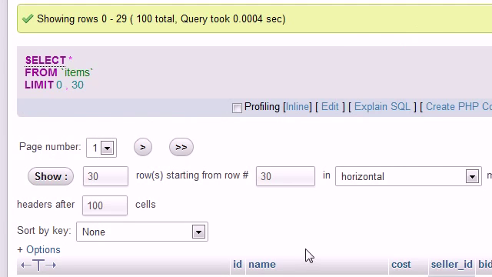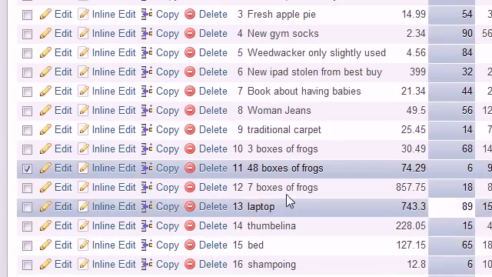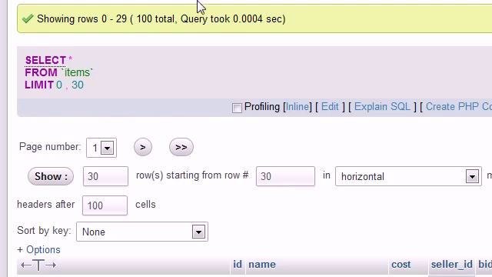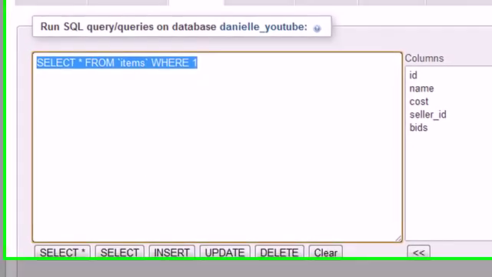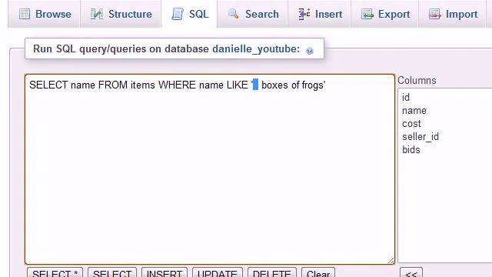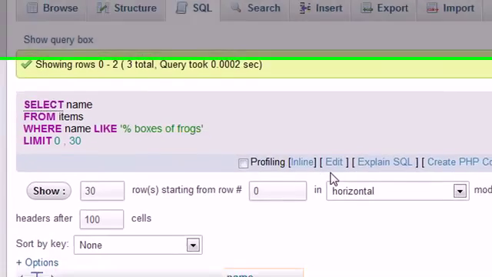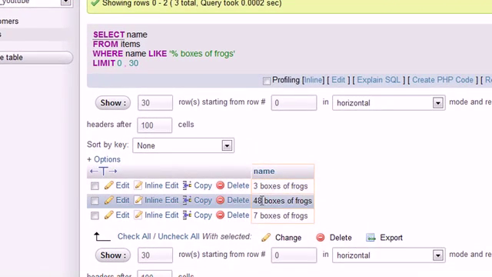Make sense? Now, what if we did want to include that 48 boxes of frogs? Well, if we did want to include that, then we would need to put the percent sign instead of the underscore. So again, whenever we use the percent sign in our query, it's going to include everything.